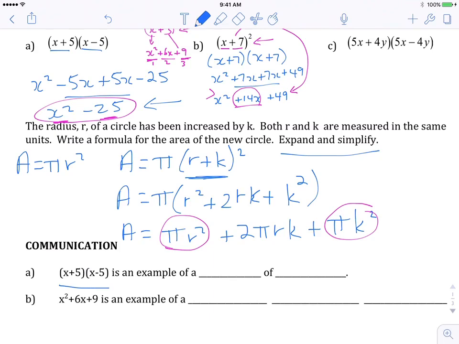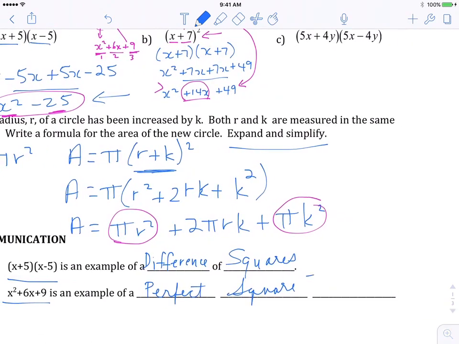So x plus 5 times x minus 5 is an example of a difference of squares, and x squared plus 6x plus 9 is an example of a perfect square trinomial.